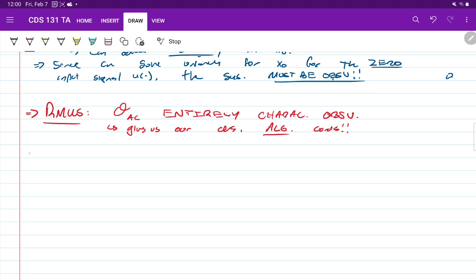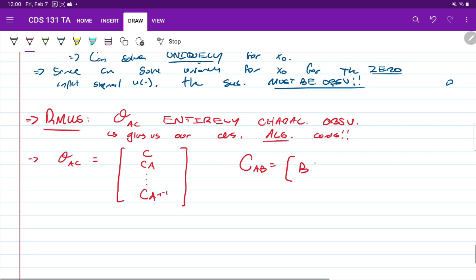So this is sketched out through this observability matrix versus controllability matrix, right? If I write out O(A,C) equals C, CA, to the n minus 1, then I write out my controllability matrix, C(A,B), which is equal to B, AB, all the way up until A to the n minus 1 B. These things look really similar, right?